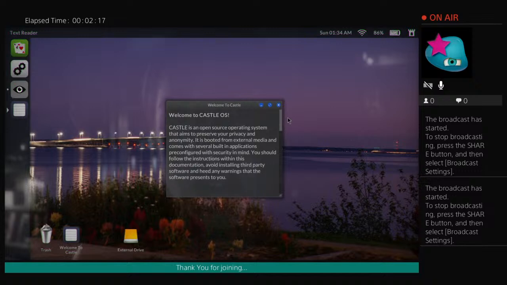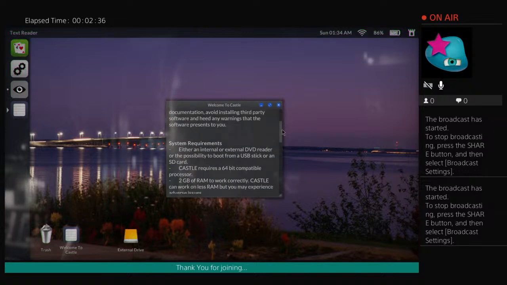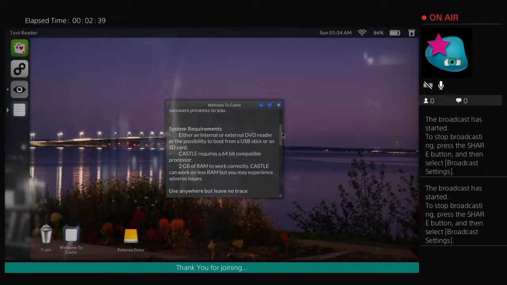Castle is an open source operating system that aims to preserve your privacy and anonymity. It is booted from external media and comes with several built-in applications pre-configured with security in mind. You should follow the instructions within this documentation, avoid installing third-party software, and heed any warnings that the software presents to you. Okay, good to know.